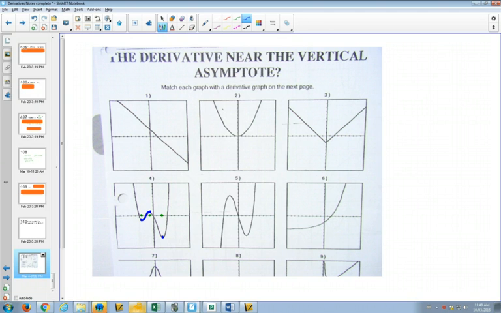So when I draw in between those two x-intercepts, it has to look like that. It has to be above the x-axis.